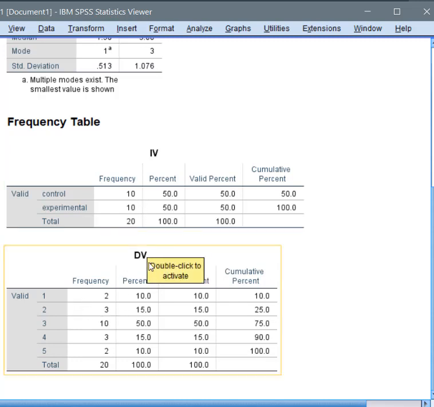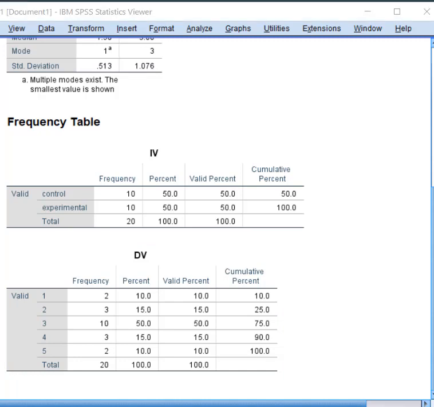And then I get the frequency table for the dependent variable. So this is the ratings that the individuals gave for how warm they found the person when they read a description of them. So you see the values that come out there. Okay, so that's 1, and you needed to say what percentage of students were in the experimental and the control conditions.